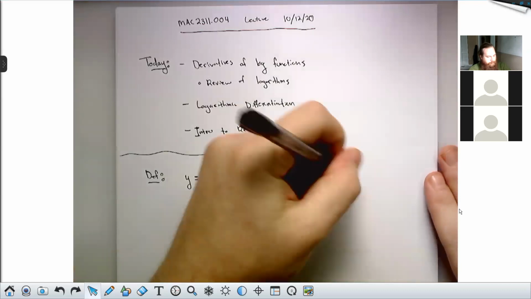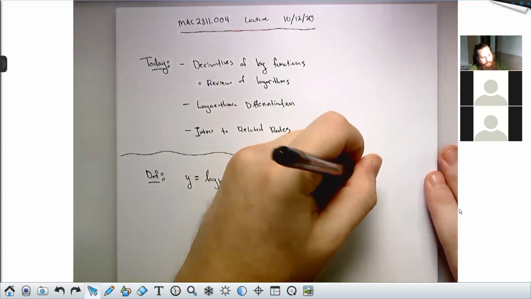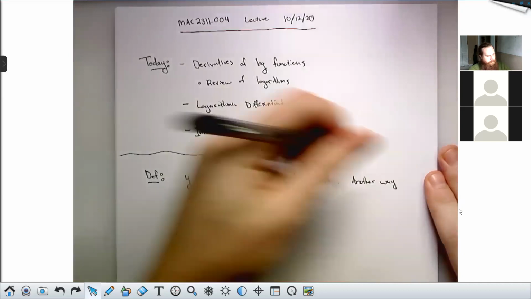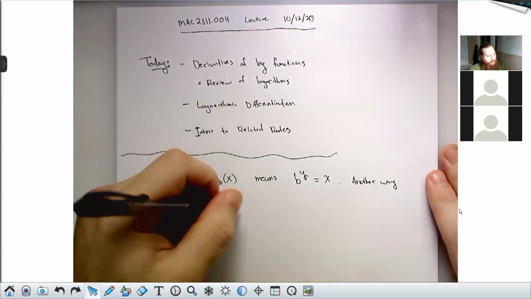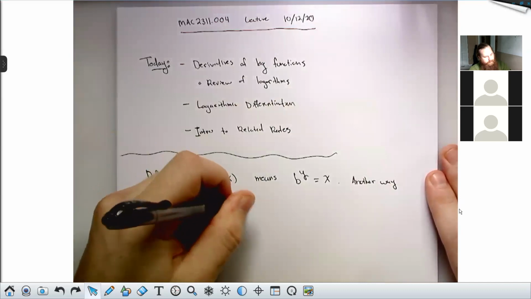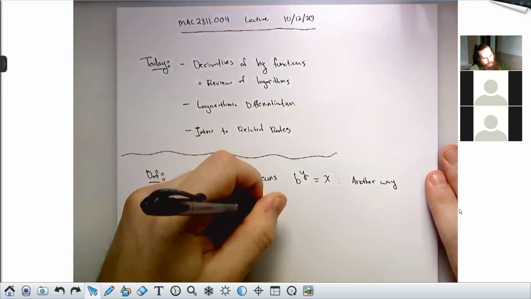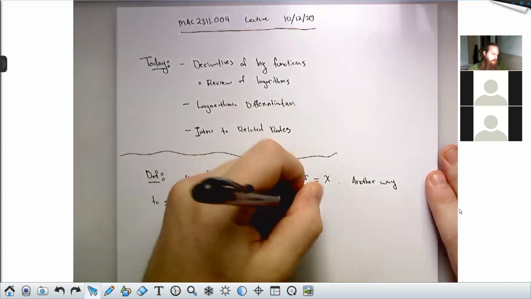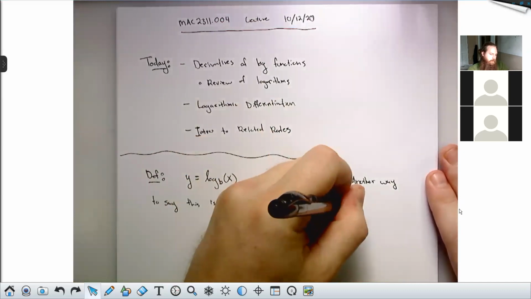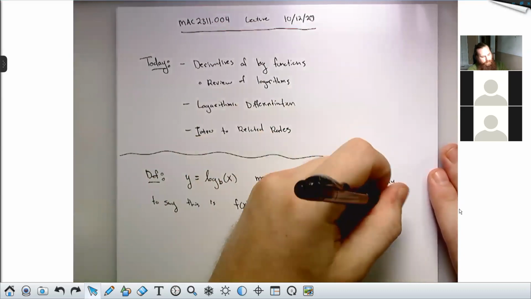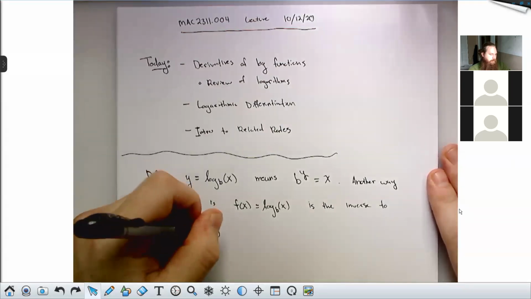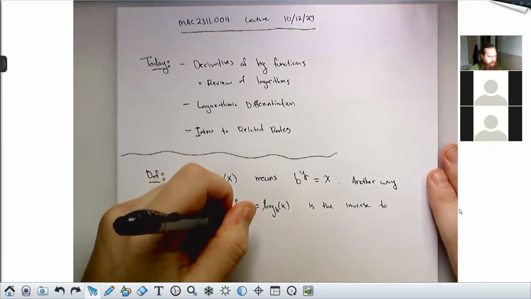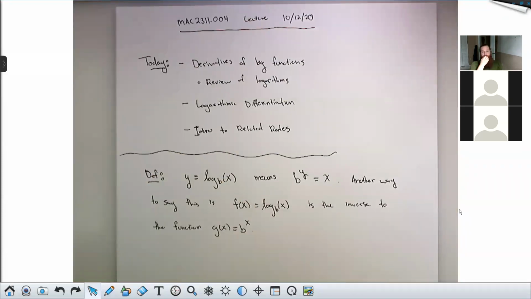Another way of saying this is that the function f of x equal log base b of x is the inverse to the function g of x equals b to the x. Okay.